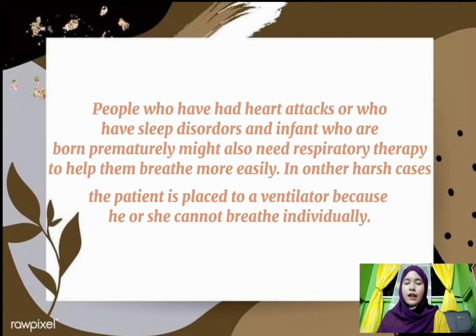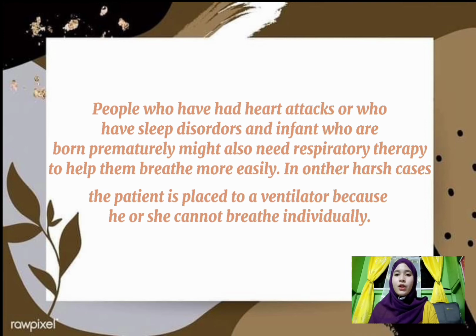People who have had a heart attack, people who have sleep disorders, and infants who are born prematurely might also need respiratory therapies to help them breathe more easily. In other harsh cases, the patient is placed on a ventilator because he or she cannot breathe individually.